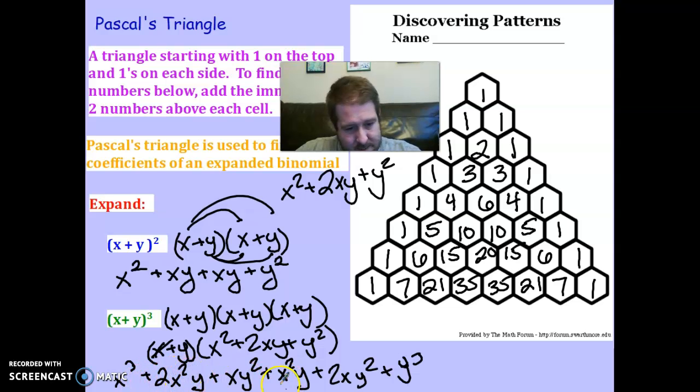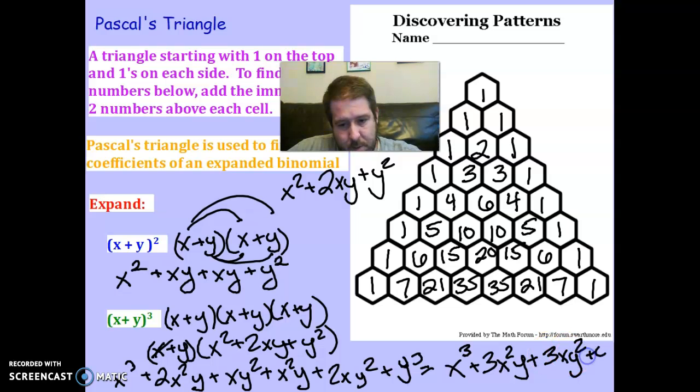So we have 2x squared y's here plus another x squared y makes 3x squared y's. And we have an xy squared and an xy squared, so 2 plus 1 more makes 3xy squareds. So once again, I can simplify this down to just x cubed plus 3x squared y plus 3xy squared plus y cubed. So this turns into this.